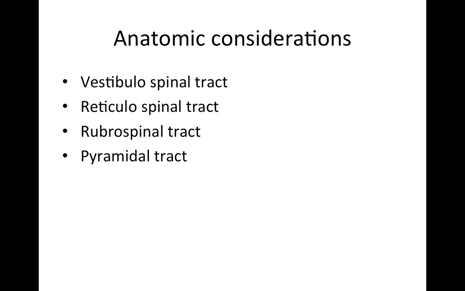When this inhibition is inhibited, that is, if there is disinhibition, there is unopposed action of the vestibulospinal and rubrospinal fibers, resulting in extensor hypertonicity of the lower limbs. Well, there is flexor hypertonicity of the upper limbs.